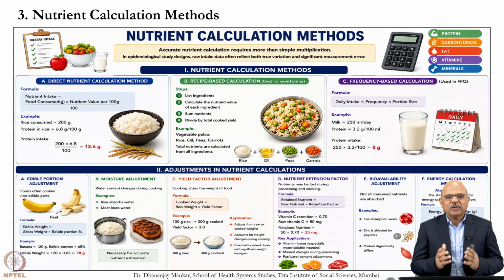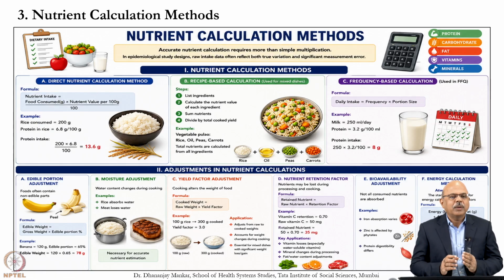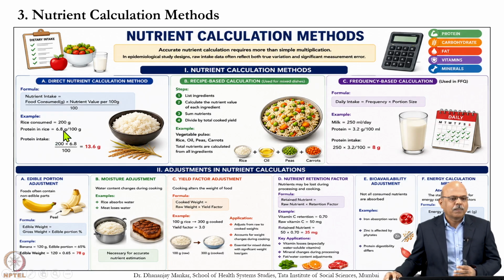In epidemiological studies, raw intake data often reflects both the true variation and significant variation. In direct nutrient calculation, the formula is: nutrient intake is equal to food consumed in grams multiplied by nutrient value per 100 gram, divided by 100.